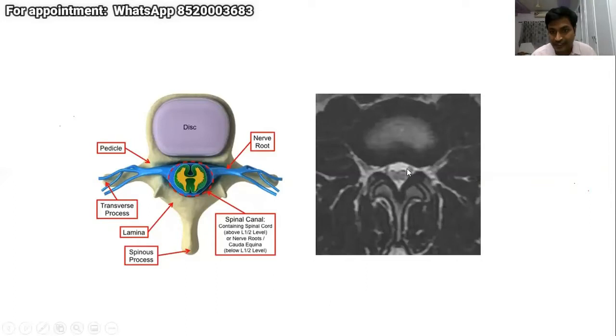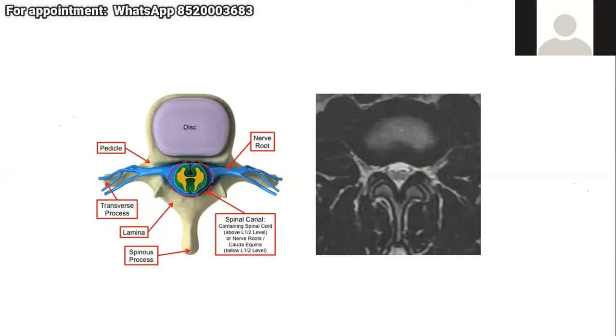Can you tell me what this is which I'm showing? Dr. Sabha, is she there? Dr. Apurva will try. Dr. Srinivas, can you annotate? Conus medullaris. Fine. This is conus medullaris. So is this cut above L1 or below L1?